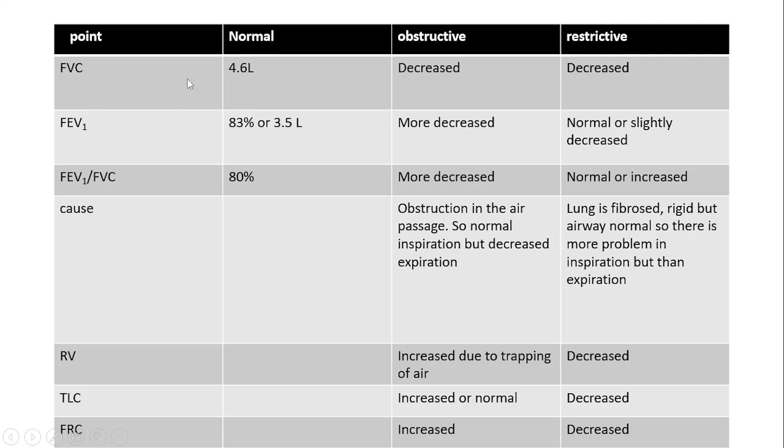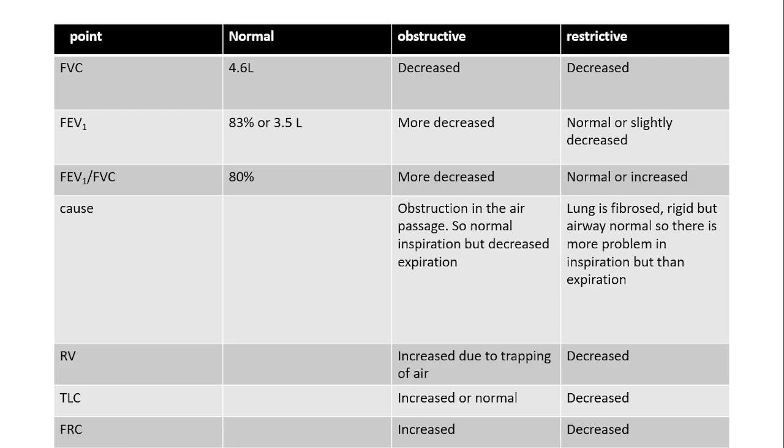So in both instances, the forced vital capacity will be decreased. In obstructive lung disease, as there is obstruction in airways, the normal amount of air will not enter into the lungs, because the passage through which the air has to enter is now obstructed. And in case of restrictive lung disease, the airway is not obstructed.